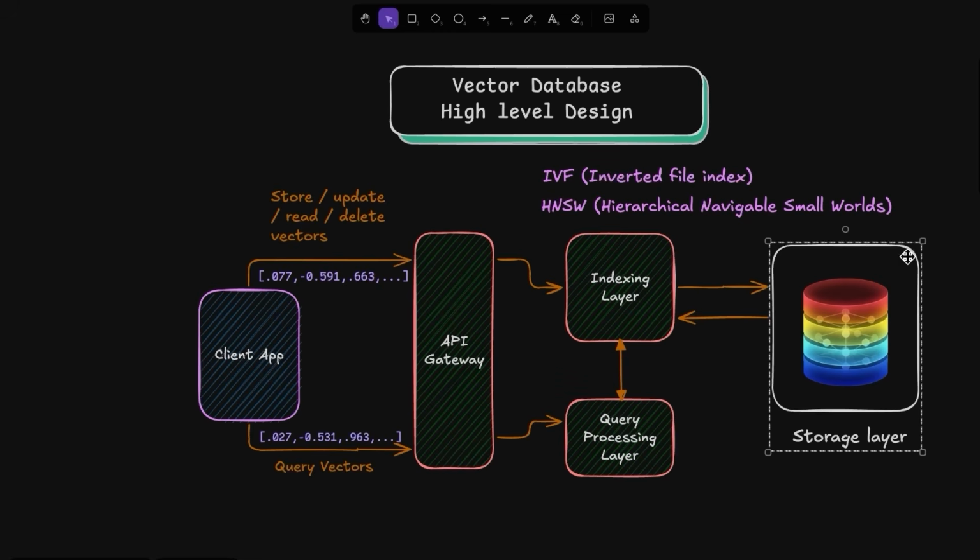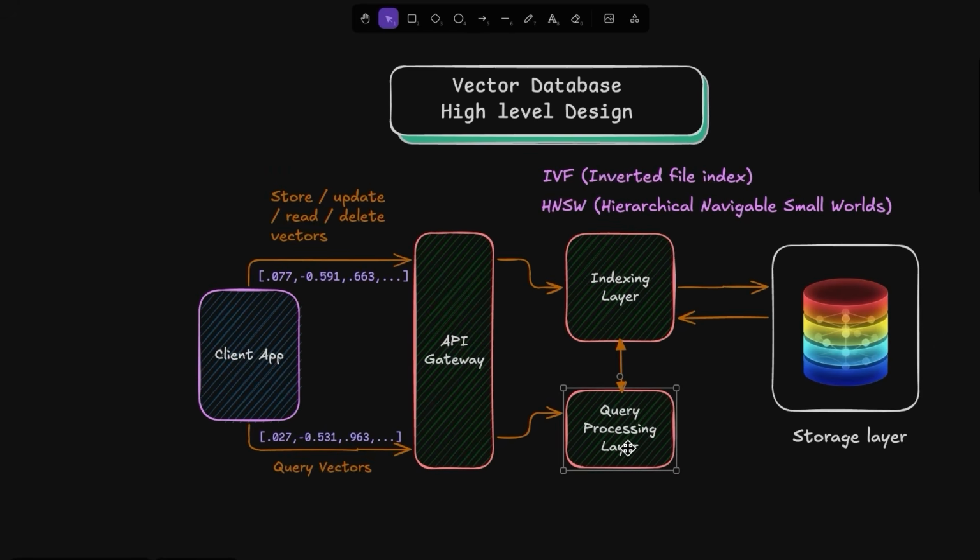And then there is another layer, the query processing layer. This layer handles any query vectors. Whenever a client application searches with a query vector, it's the responsibility of this query processing layer to ensure that the incoming query is handled efficiently.